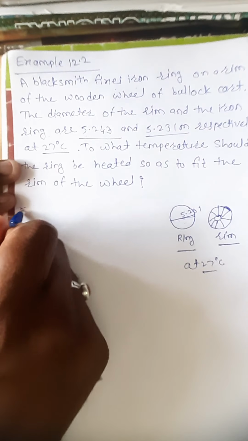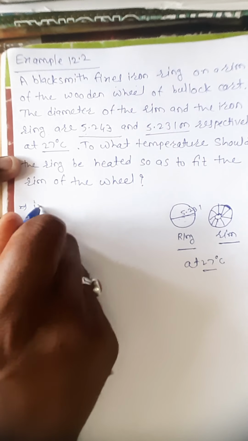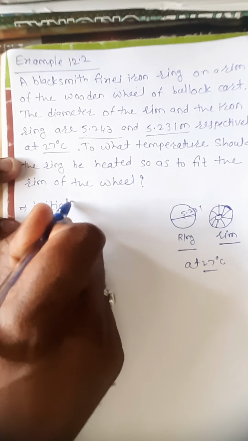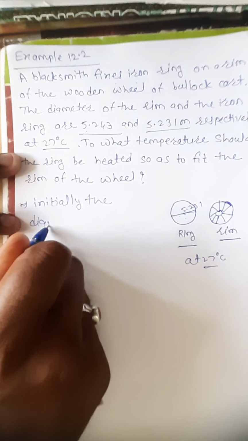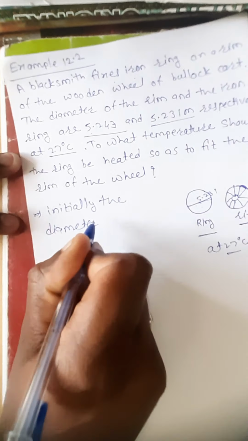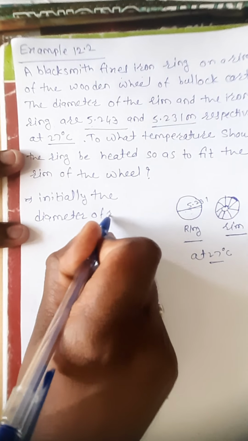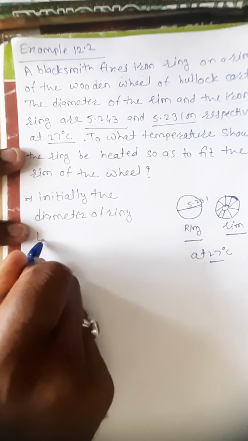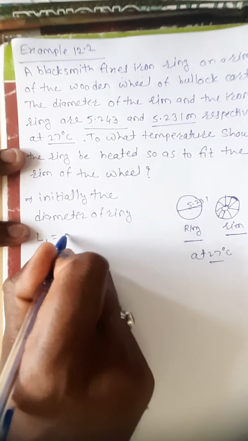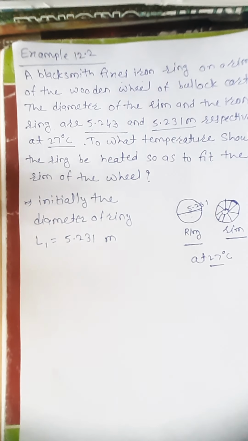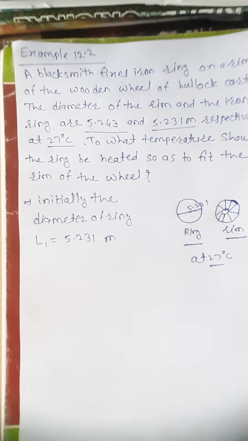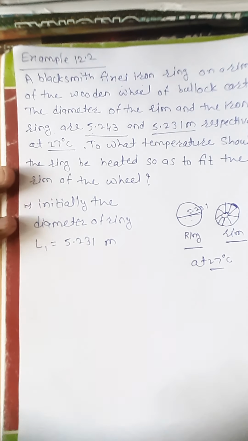Now consider initially the diameter of the ring, which we call L1, equal to 5.231 meters.